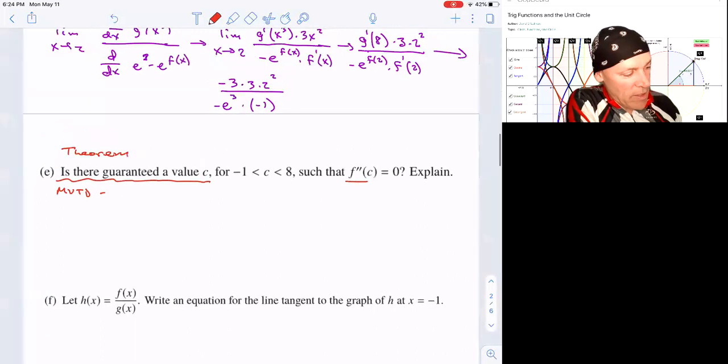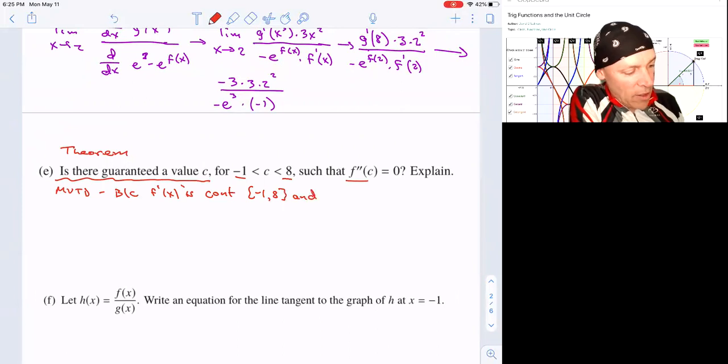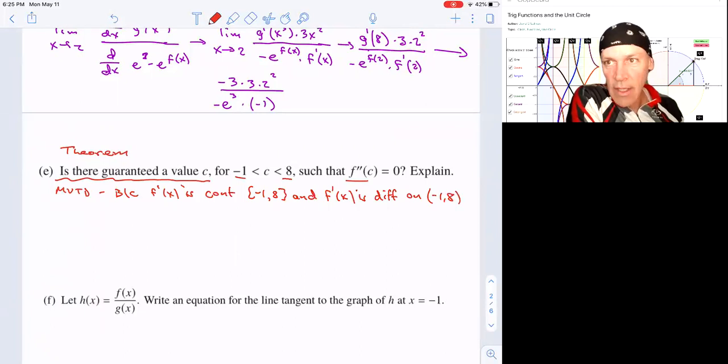So we're going to start out by saying because f prime of x is continuous on the closed interval from -1 to 8, and second condition also met, f prime of x is differentiable on the open interval from -1 to 8. Those are the two conditions for mean value theorem for derivatives.